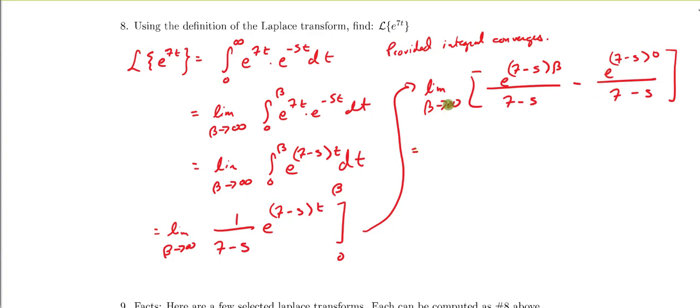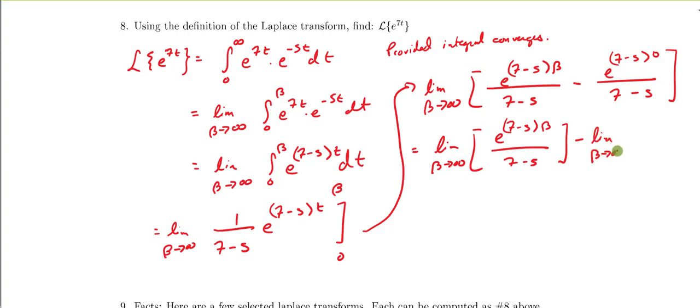Well, if I distribute the limit, assuming it exists, to both terms, we've got the limit as beta approaches infinity of the first, e to the (7 minus s) beta all over 7 minus s, minus the limit as beta approaches infinity of, this would just be 1 over 7 minus s.